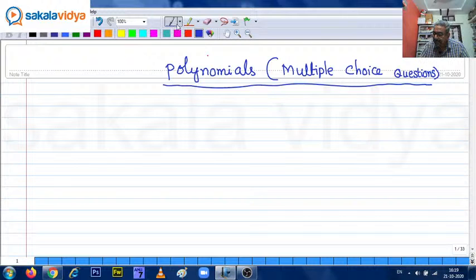Ramagiri Arshavaddhan. Let us wait for 1 minute. I will start the class.